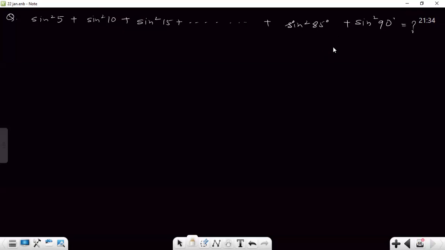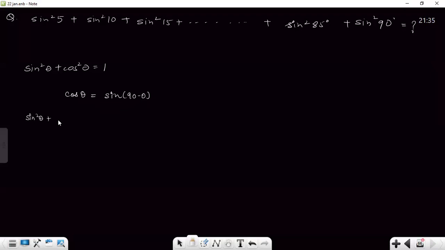We are aware that sine square of theta plus cos square of theta is equal to 1. From here we know that cos theta is equal to sine of 90 minus theta. So let's substitute the value of cos theta in the identity.